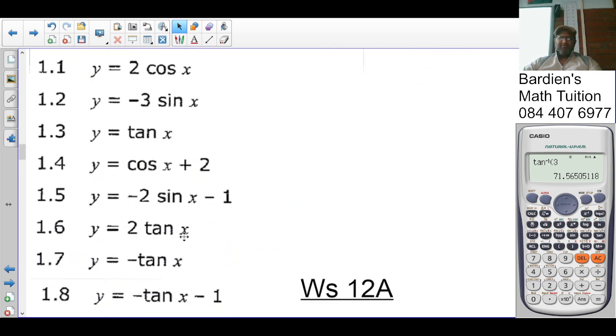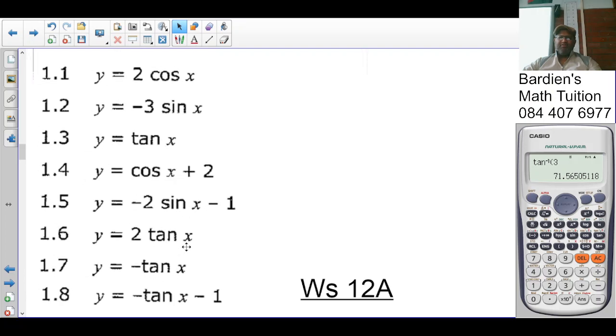So as I told you before, we now don't need to have all those units in between. For the sine and cos graph, it must be steps of 90 degrees. For the tan graph, it's going to be steps of 45 degrees. Okay.